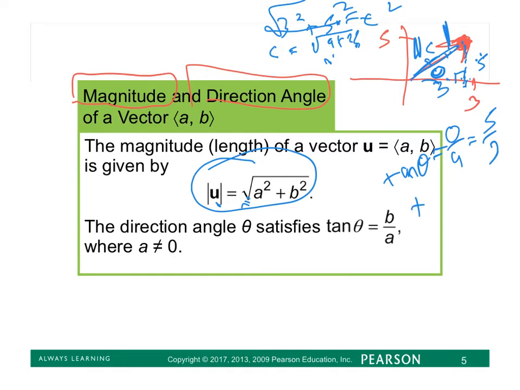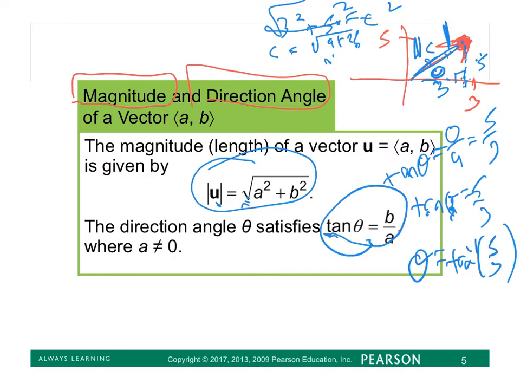Tangent of theta is 5/3, but what I really want is theta, so I take the arctangent of both sides to get rid of tangent. That gives me theta is the arctangent of 5/3. In general, tangent of theta is b over a, where a is not 0. We'd solve that for theta, and we would get the direction angle.